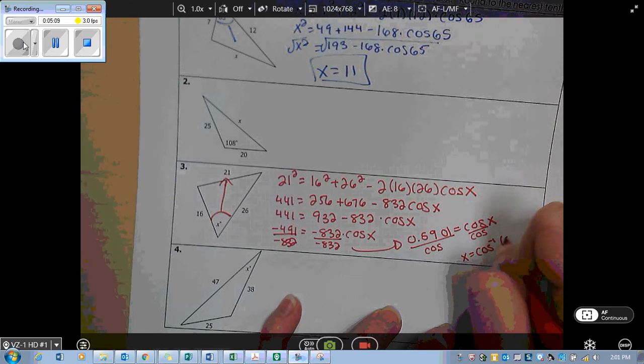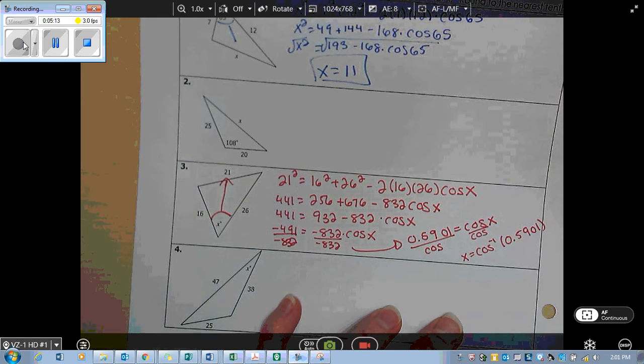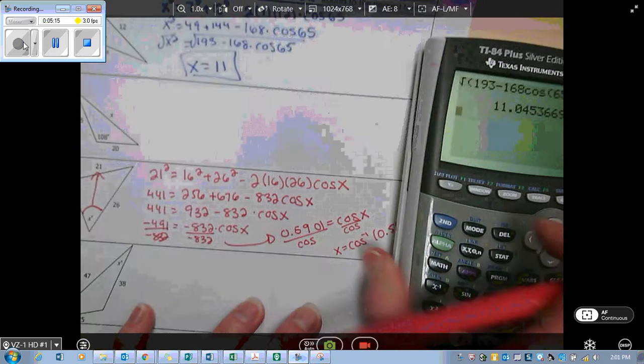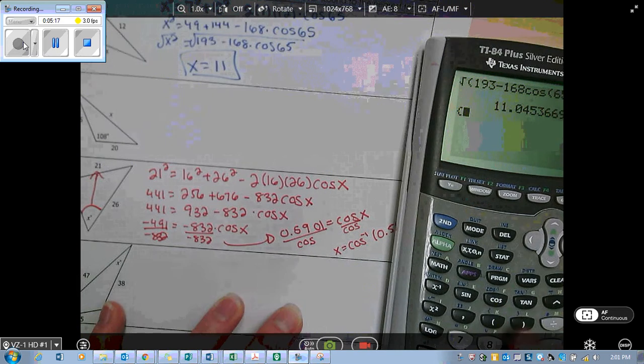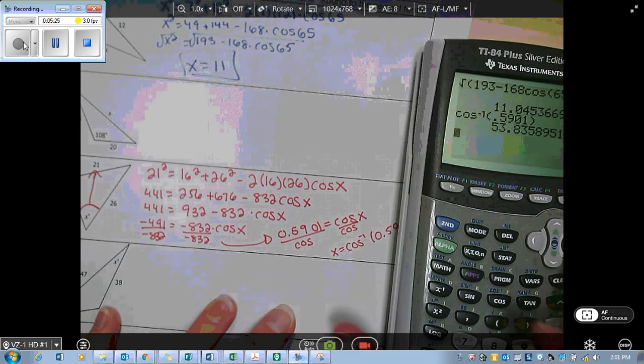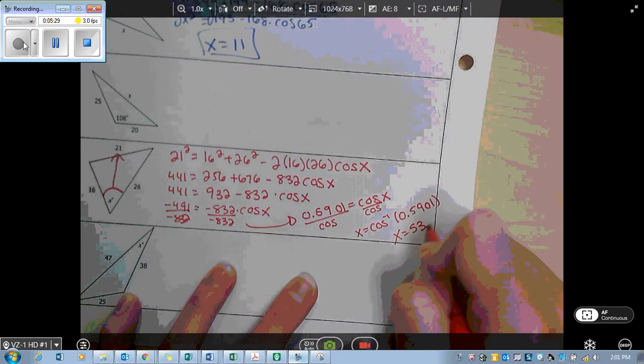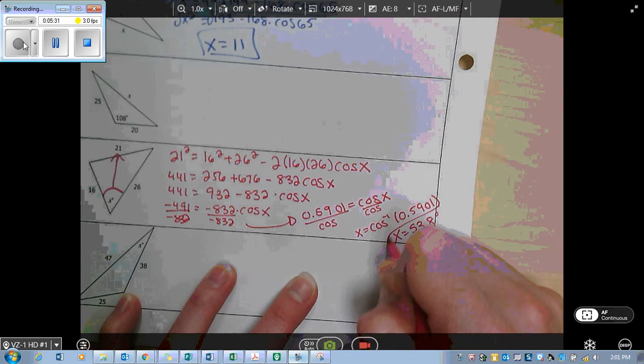So we'll find cosine negative 1 of 0.5901, and we get 53.8 degrees. So I know that x is 53.8 degrees.